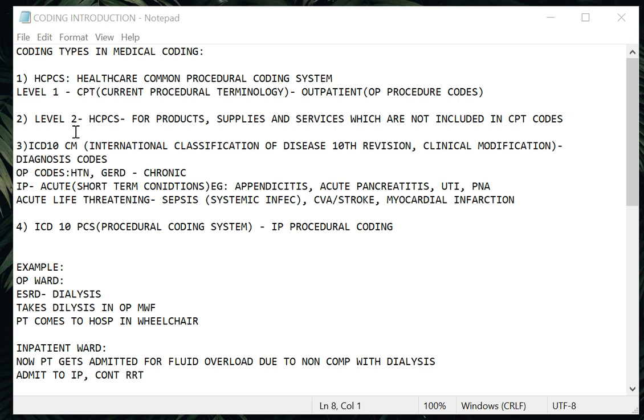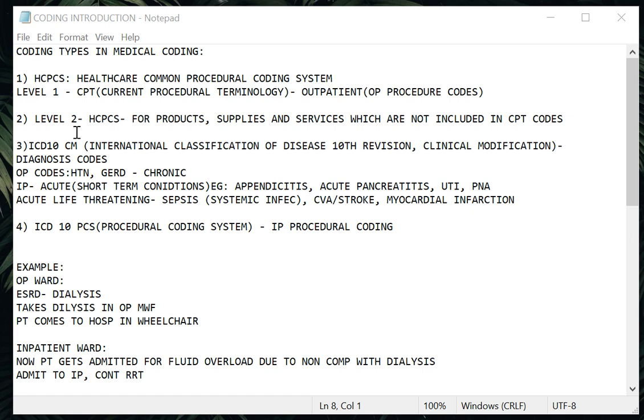If suppose the patient is coming to outpatient, for example, let us say dialysis. Okay, so the patient has CKD, which is chronic kidney disease. Further, the patient is under dialysis. Now this patient is coming to the hospital as outpatient, and this patient is coming in a wheelchair.